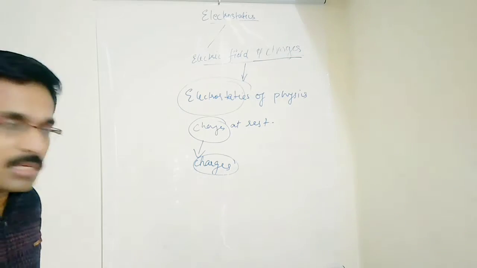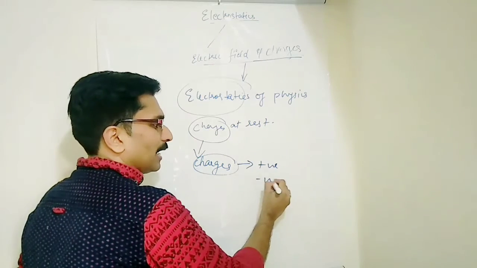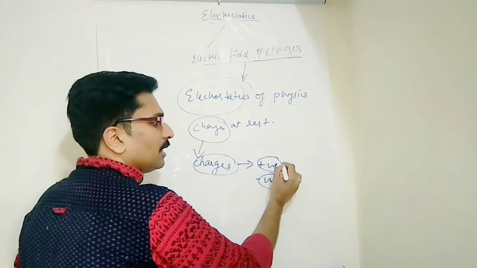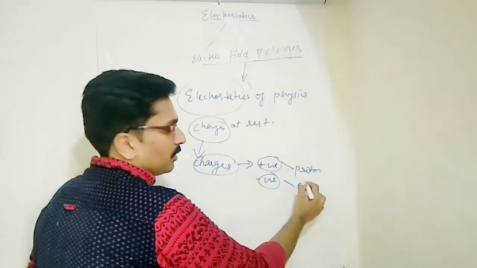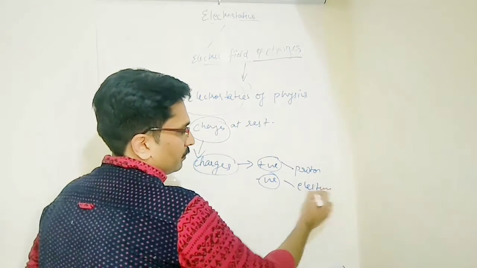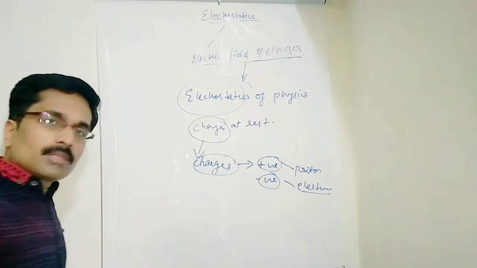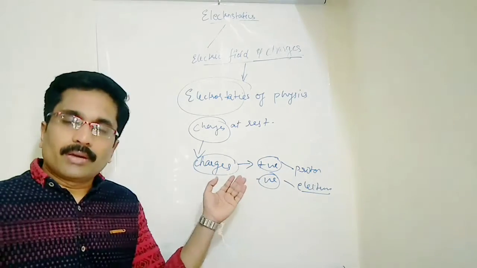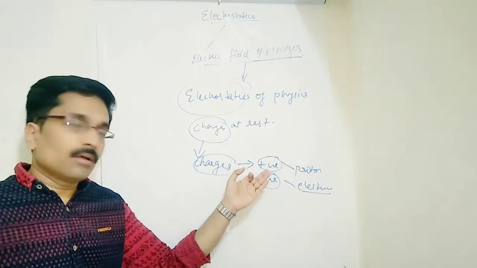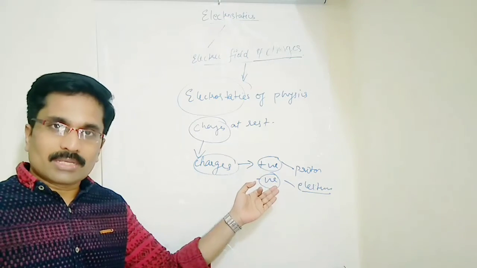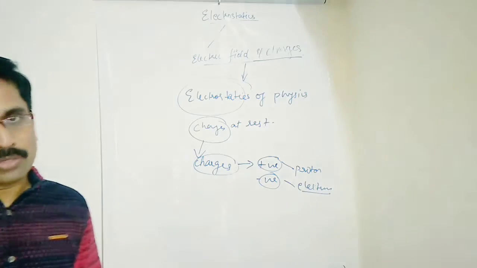Charges can be positive and negative, and they are carried by protons and electrons. Once again, charges are properties of matter, they create the electromagnetic field, they are both positive as well as negative, and they are carried by protons and electrons.